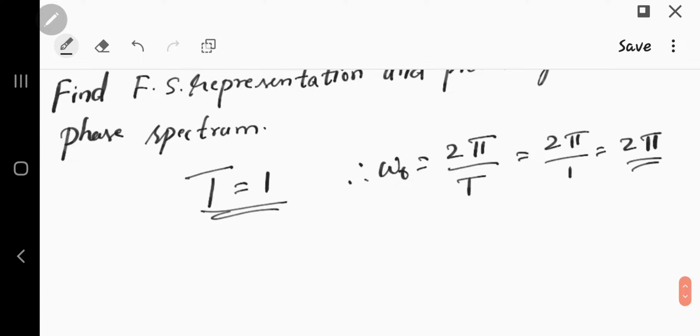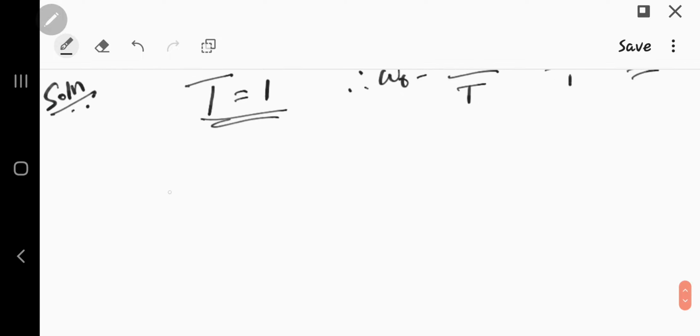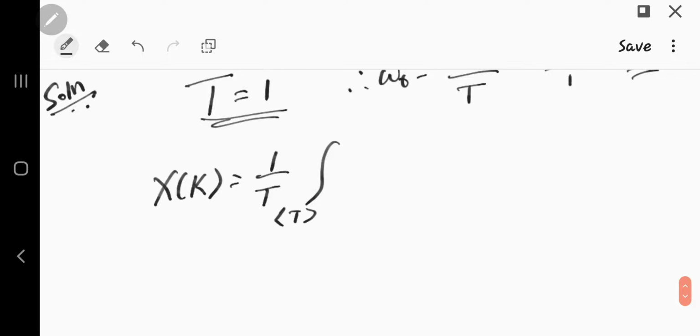Now for this problem, I will take the analysis equation, that is X of k is equal to 1 by T integral of x of t e power minus j k omega naught t dt.